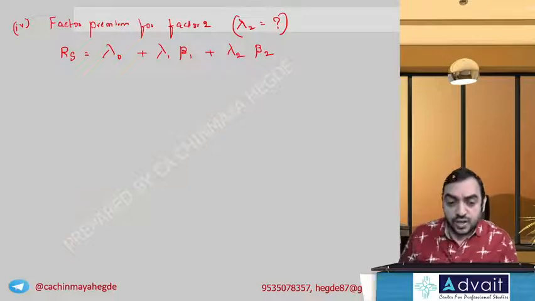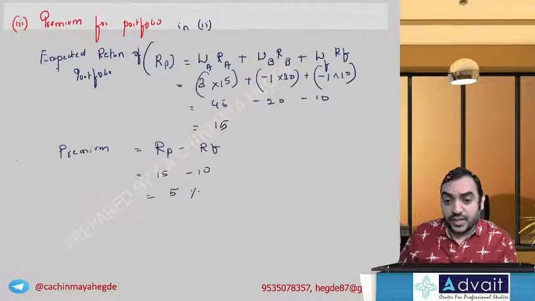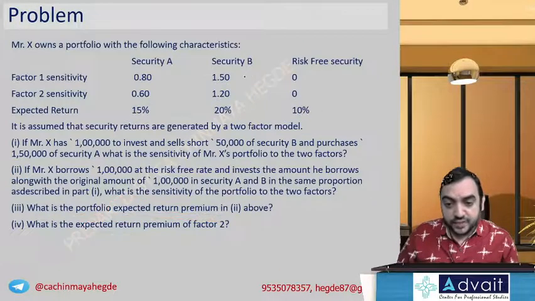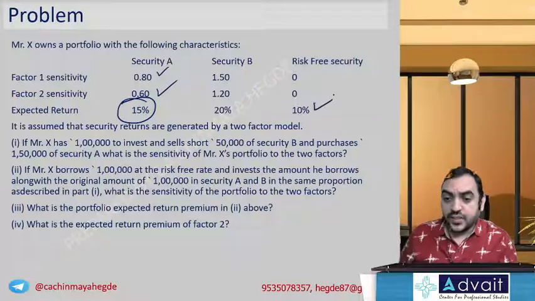Let's use this formula for security A and security B and we'll try to simplify. So for security A, the return expected is 15%, and the sensitivities to factor 1 and factor 2 are 0.8, 0.6, and the risk-free security is 10%.